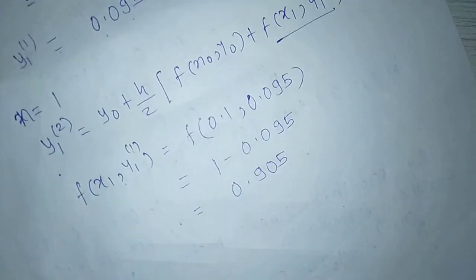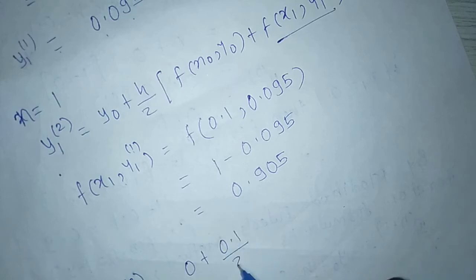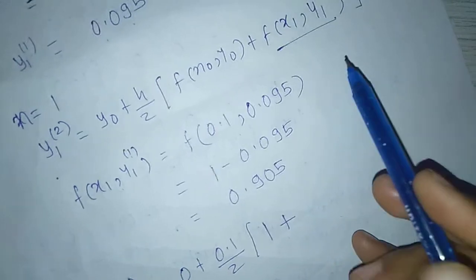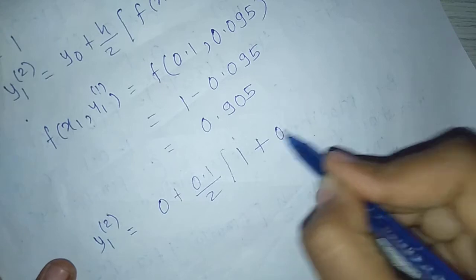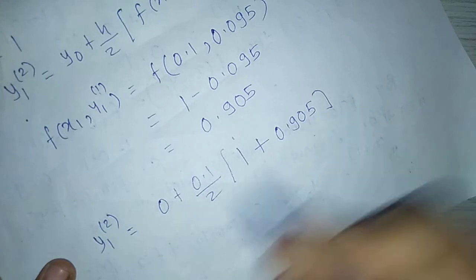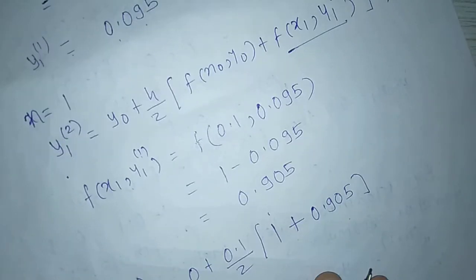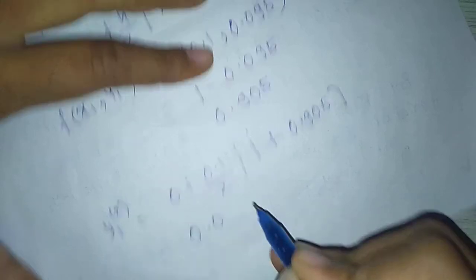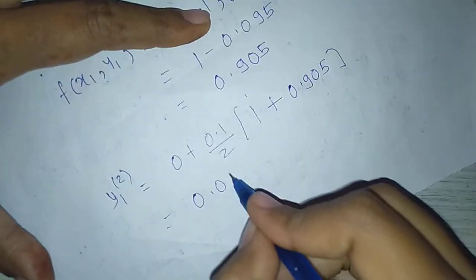Therefore, this equation becomes y1 raised to 2 equal to y0 is 0 plus h is 0.1 upon 2 into f of x0 y0 is 1 plus f of x1 y1 raised to 1 is 0.905. After simplification we get y1 raised to 2 is 0.09525.